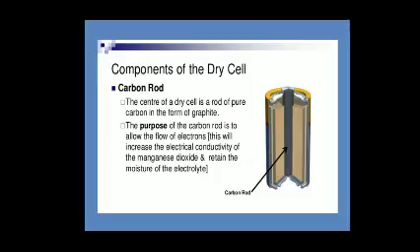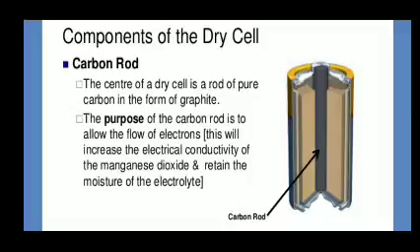See here, in a dry cell the carbon rod acts as the cathode, the positive electrode. Components of the dry cell. First main component: carbon rod.